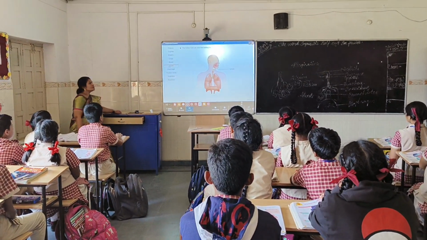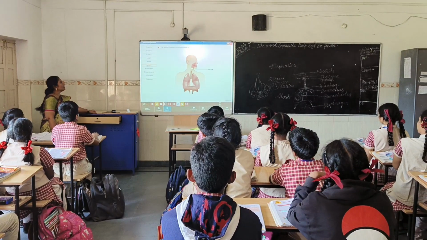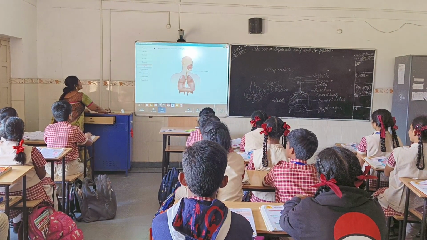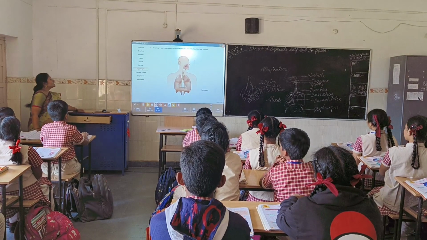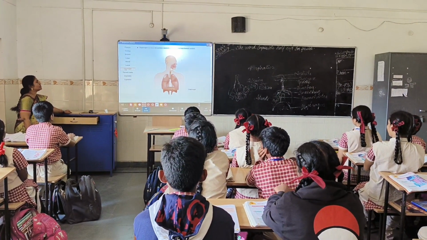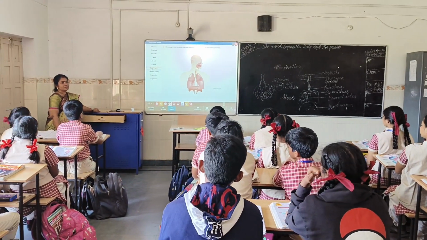Larynx. The hollow muscular voice box holding the vocal cords. Then diaphragm. Diaphragm is a muscular partition separating the abdominal and the thoracic cavity.